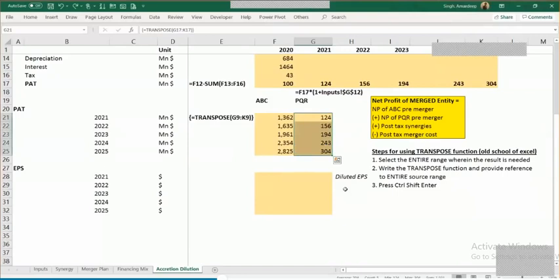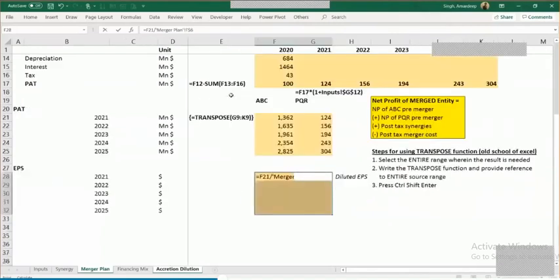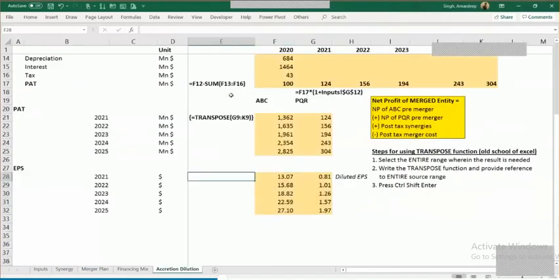So what's the final EPS then? The final EPS is basically the net profit divided by the number of shares of ABC and PQR. Before the merger, if you see in the merger plan sheet, we had computed the diluted number of shares over here. I'm going to fix the row here and compute this formula.